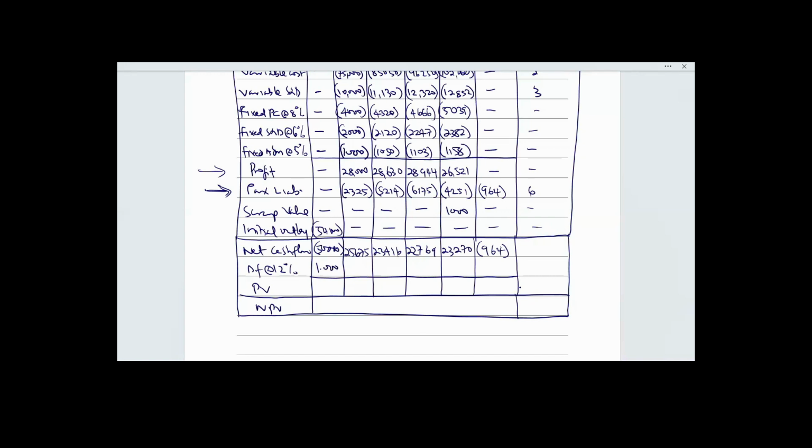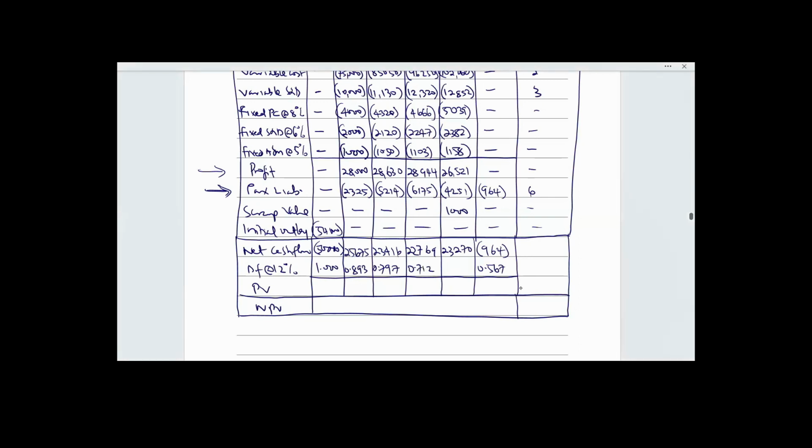Let's calculate the discount factor at year 1, 12%. 1.12 raised to power minus 1 equals 0.893. 1.12 raised to power minus 2 equals 0.797. 1.12 raised to power minus 3 equals 0.712.